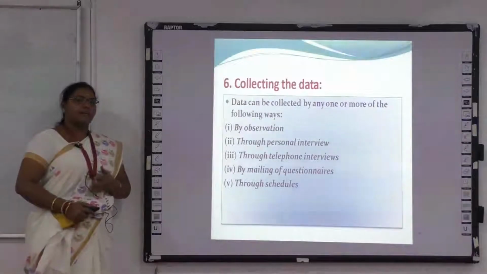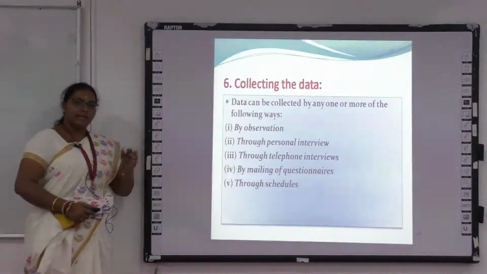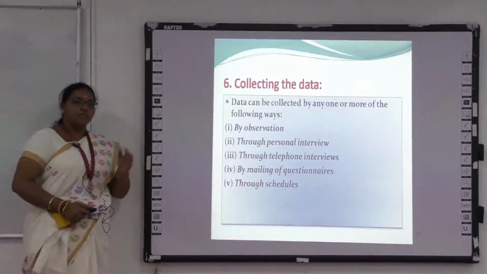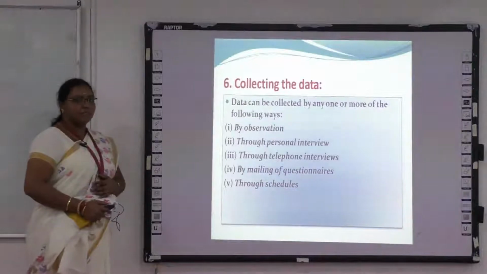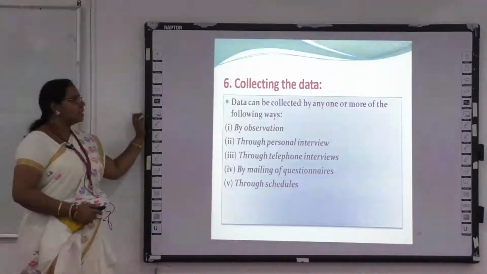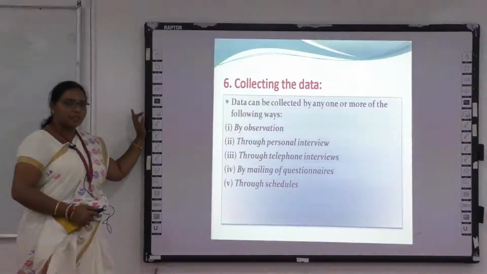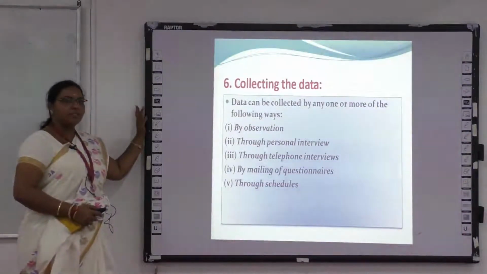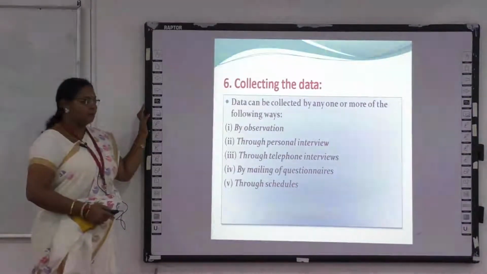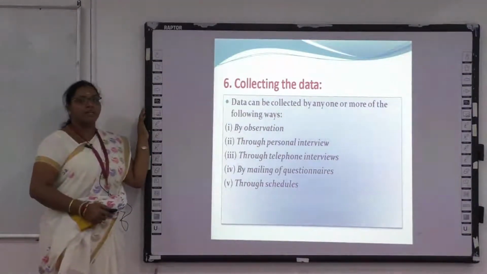If I go directly to Kanathur, collect the details from the people and record them, and from the record I go to my conclusion, that is observation. This observation method is divided into many classifications: structured observation, unstructured observation, participant observation, non-participant observation, and determined and non-determined observation.